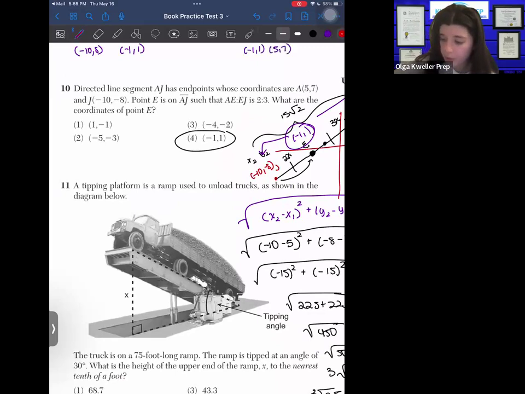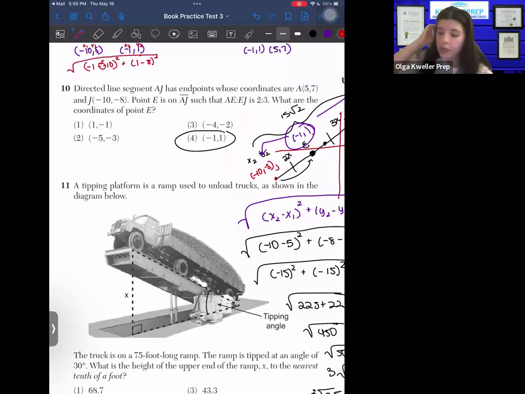Again, you pick a point to be your x1, y1. So let's say this is x1, y1, this is x2, y2, and then we go to work, right? So we have -1 minus -10 squared plus 1 minus 8 squared. This whole thing's in a square root.